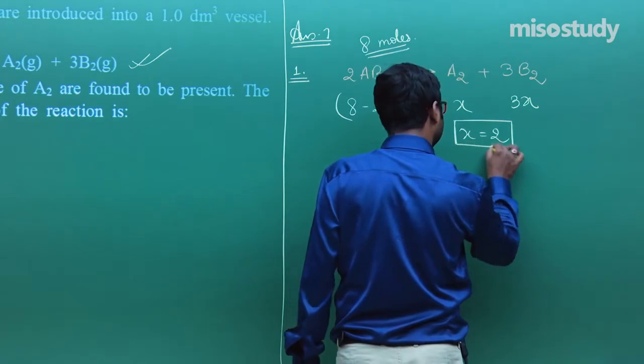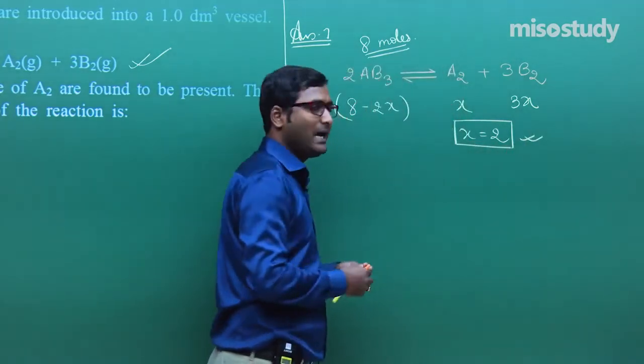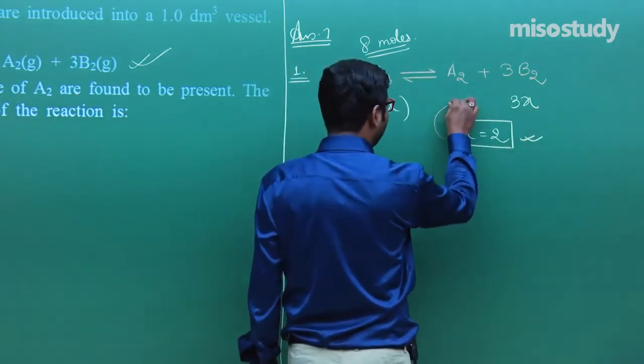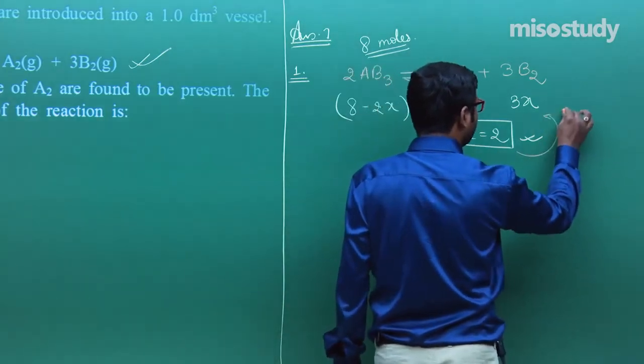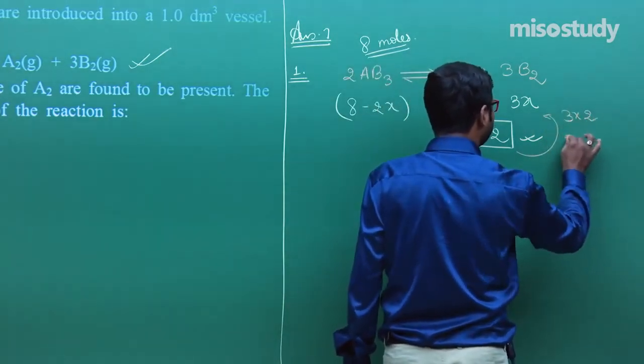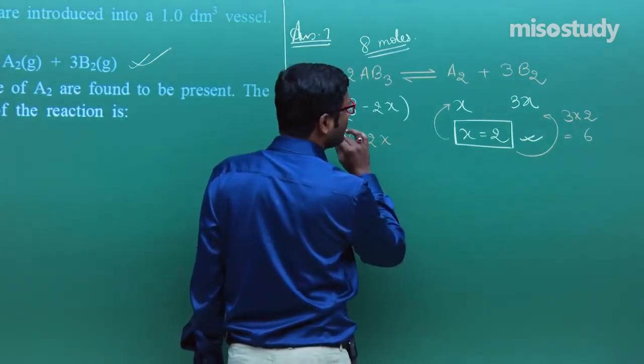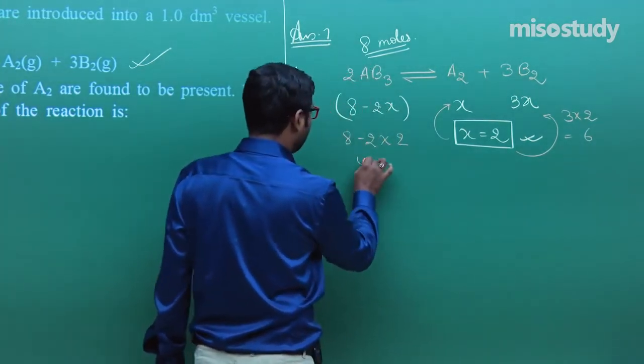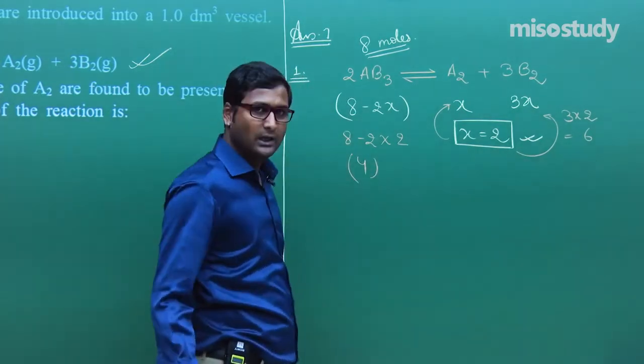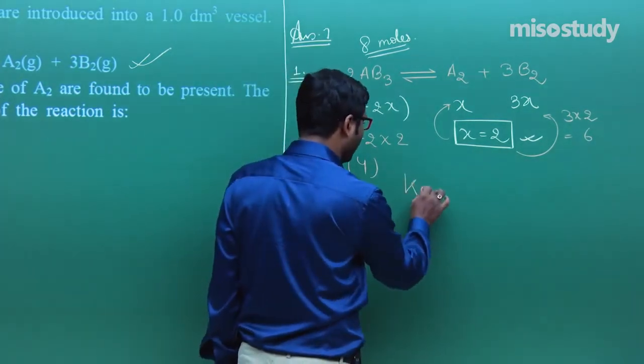Now, what will happen in this case? That is A2 is 2. B2 is 3 into 2, that is 6. And AB3 is 8 minus 2 into 2, that is 4. Clear to you? Now, what is the expression for Kc?